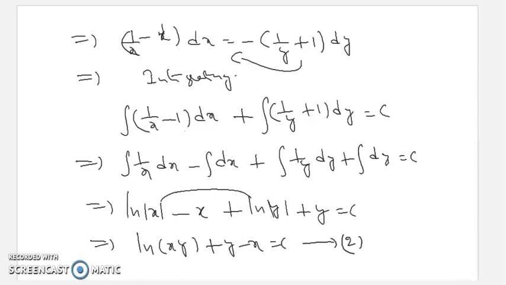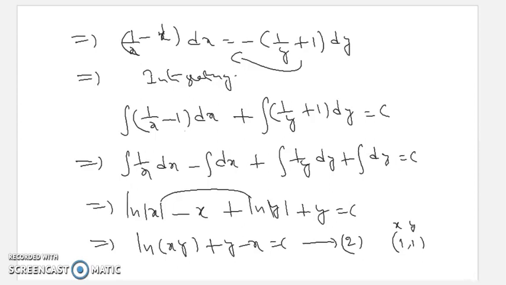So in this solution, it is already given that the curve passes through the point 1, 1. So in place of x we write 1, in place of y we write 1 in this equation number 2.